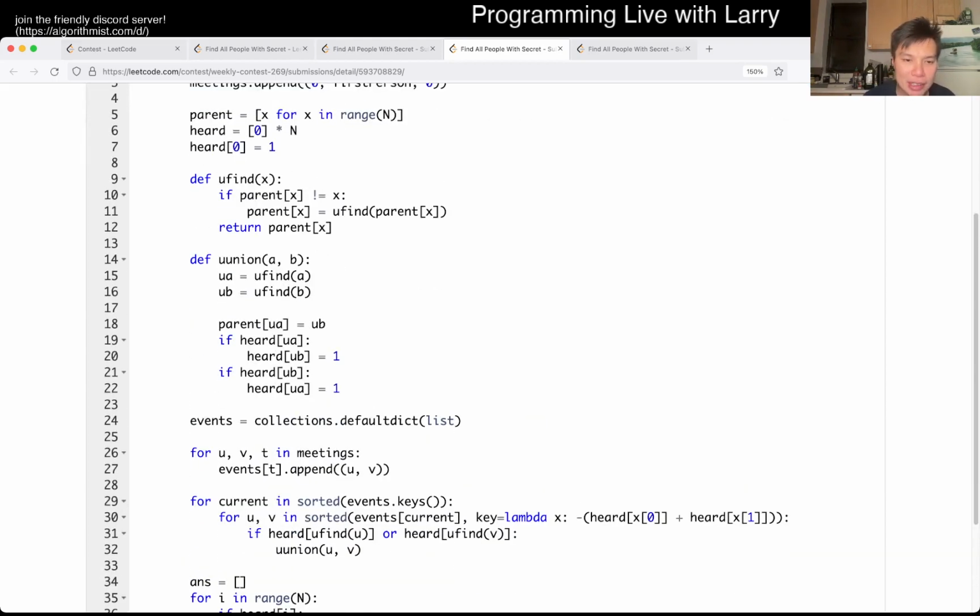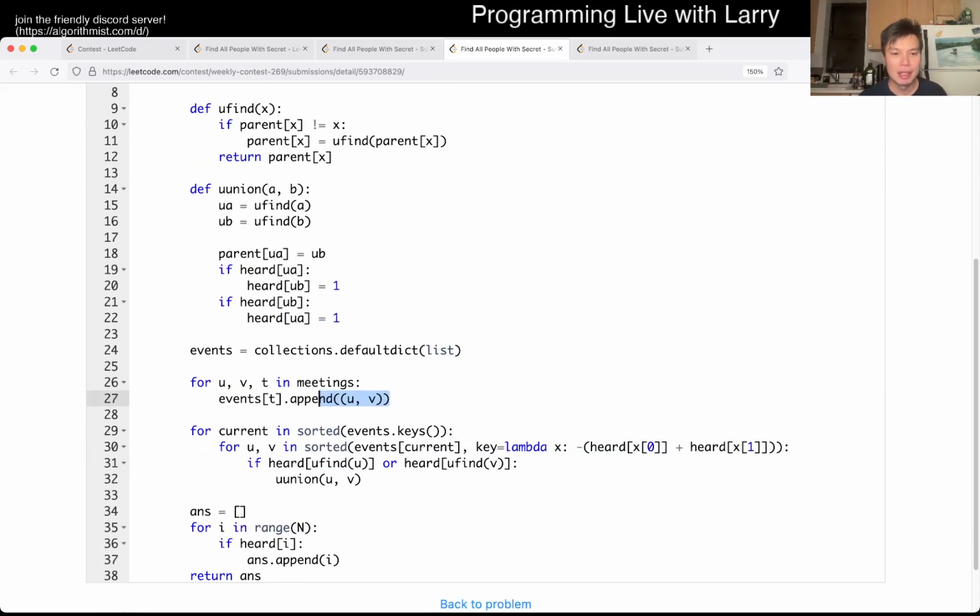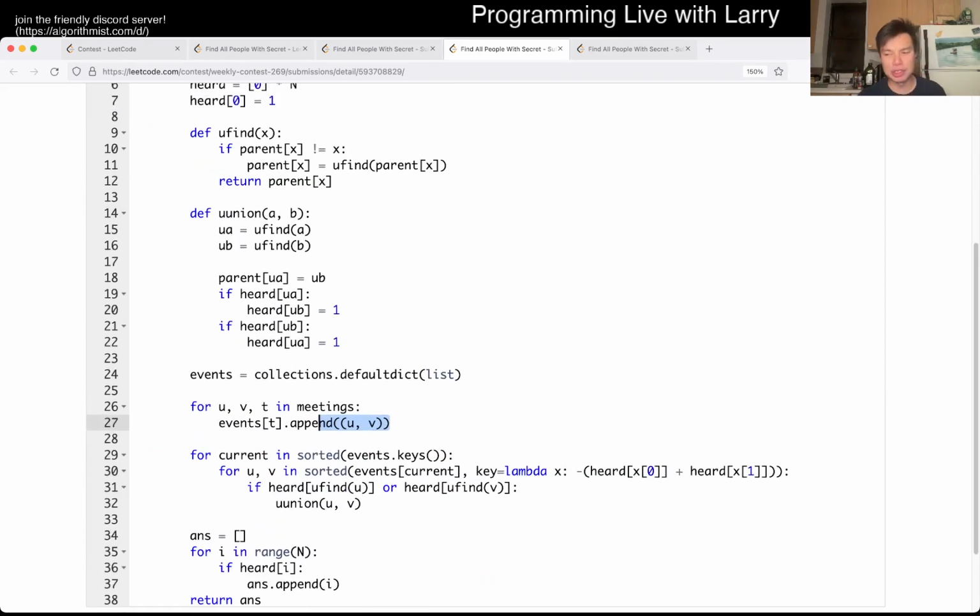So basically the idea is that I have this sweep line thing, I append it so that they all happen at the same time. And I have two components. One is that I sort by the time, this part makes sense. And the second one was this greedy algorithm: I have all these events, and I wanted to sort by the number of people who have heard it first, so that if hearing it has a component, we do the hearing first.